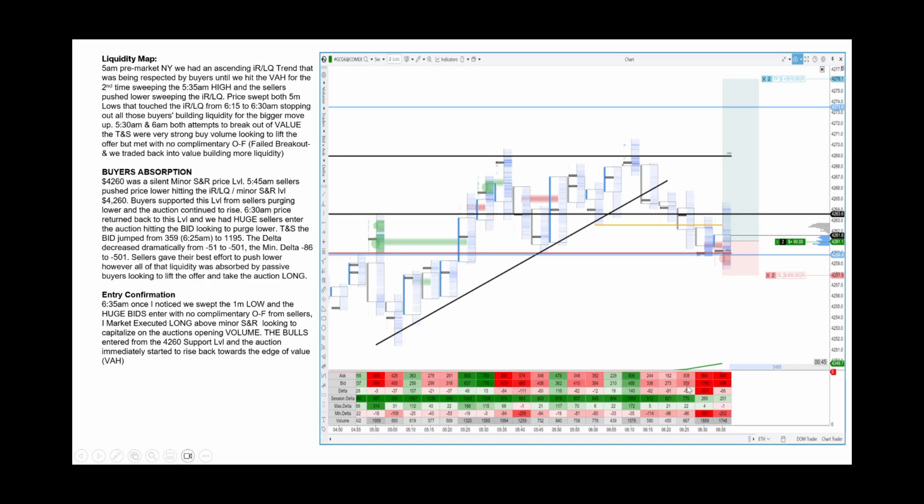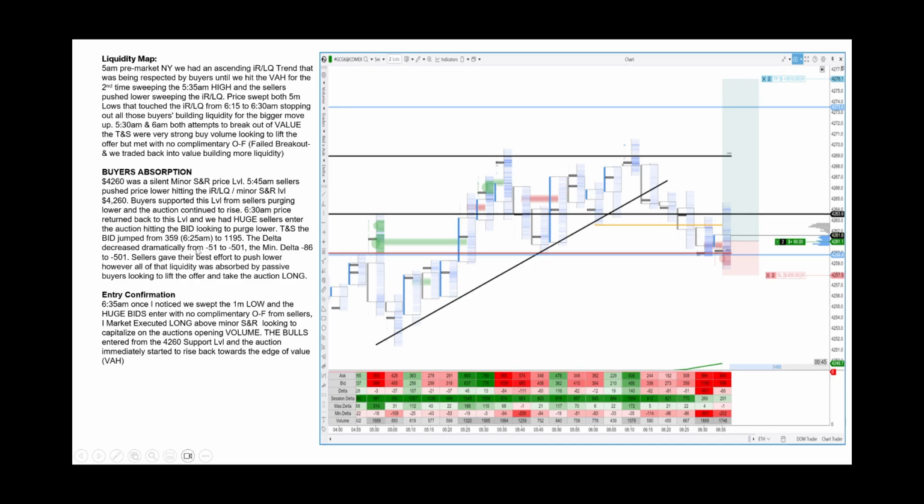The bid went from 359 to 1195. Strong volume. The delta went from -51 to -501, a very strong delta. The max delta went from -86 to -501. So sellers are dramatically here looking to purge lower.